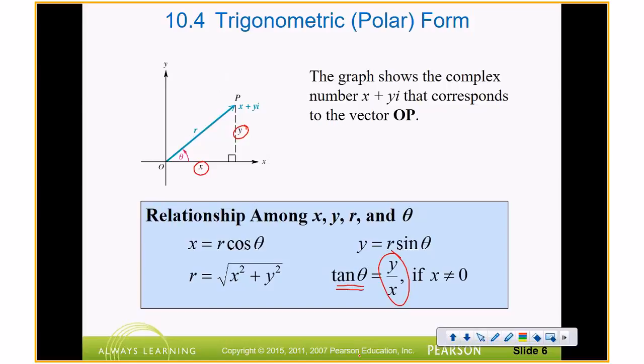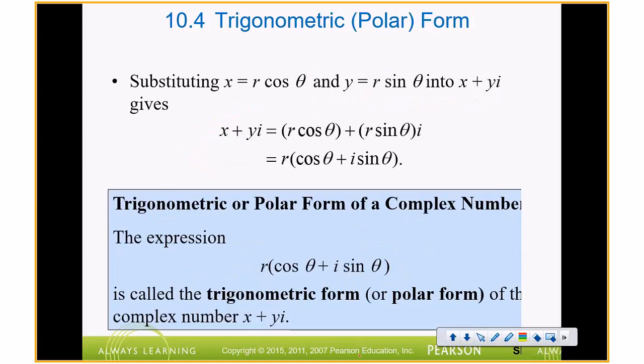So far, everything you've been given, you should know mathematically. This is a little bit different. This is how you rewrite a complex number in trigonometric or polar form. All right? Just write down R cosine theta plus i sine of theta. That's the trigonometric form, or polar form.